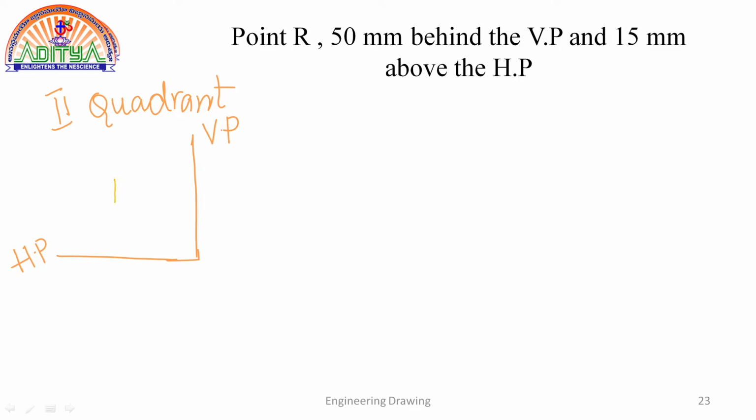Here point R is 15 mm above HP and 50 mm behind VP. Okay, we have represented the quadrant system. R is a point which is in between the horizontal plane and vertical plane. From HP it is 15 mm above, and from VP it is 50 mm.